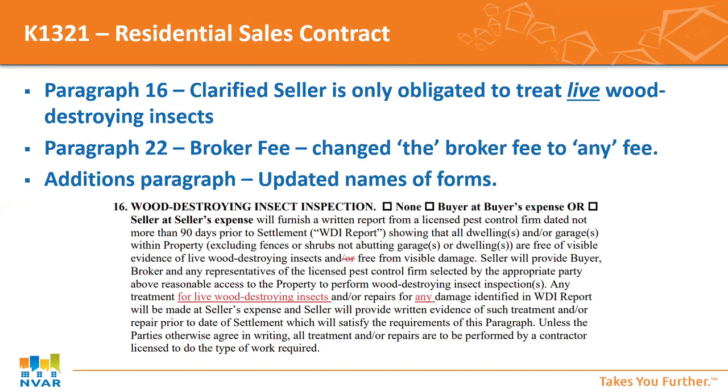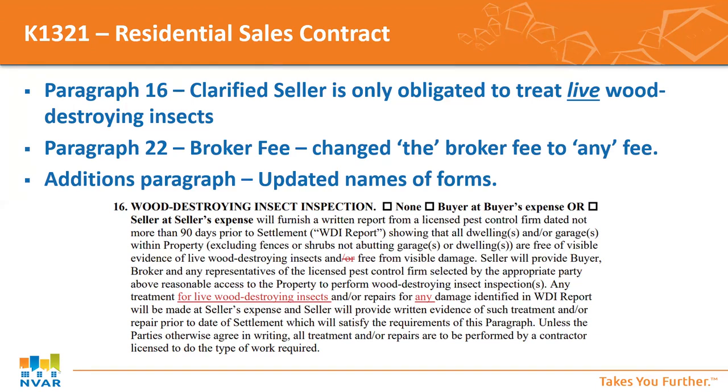I'm in a class. You guys in person have the privilege to ask questions, and I hope you hear that online. So you said to repair any damage. I've had houses where there's been carpenter bee holes. There's no evidence of a carpenter bee there today. Are you saying that we would have to repair those little holes? Yes, if the WDI report identifies it as likely caused by WDI.